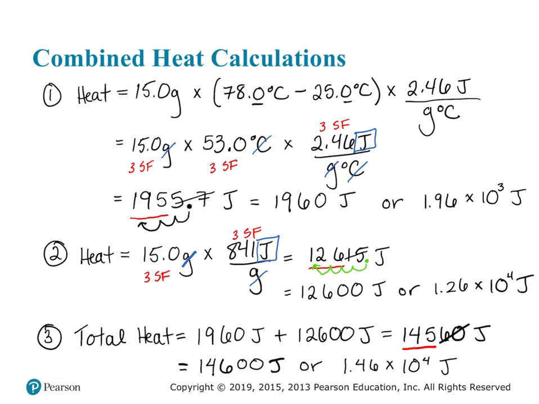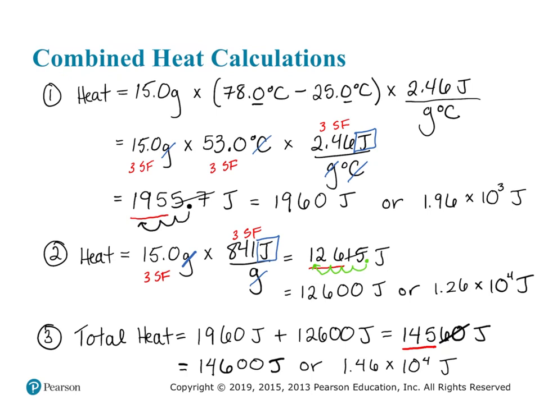Okay, so that was a pretty long problem, but hopefully it shows how we can utilize those different heat equations and figure out how much heat is needed for different parts of that heating curve.